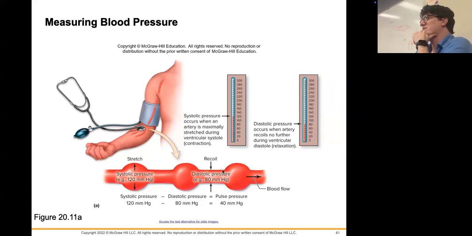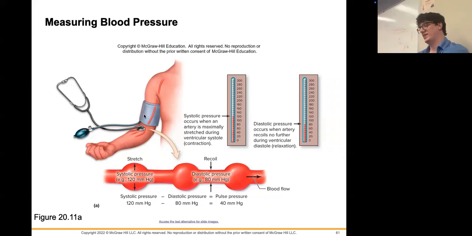So how do we measure blood pressure? So essentially what we're going to do then, so keep in mind that these little boluses are going to be moving in one direction, right? So what we're going to do then is we're just going to put a block inside this pathway where we can measure how hard it's trying to stretch. Okay, so that's what we're going to do with a blood pressure cuff.